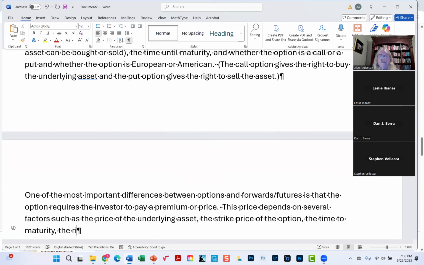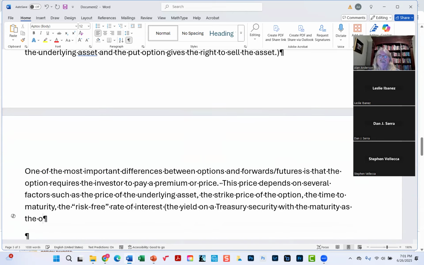the risk-free rate of interest, which is the yield on Treasuries, which means the yield on a Treasury security with the same maturity as the option, and the asset's volatility, as it's called.